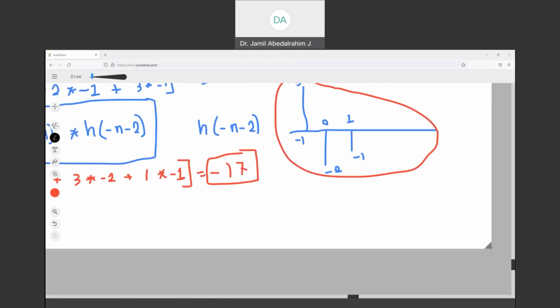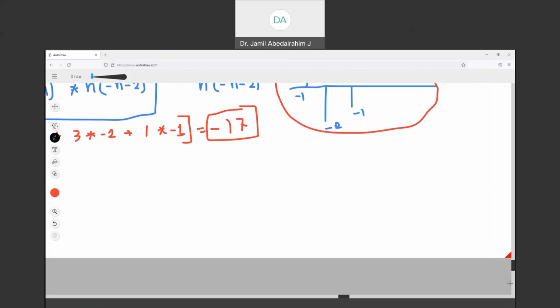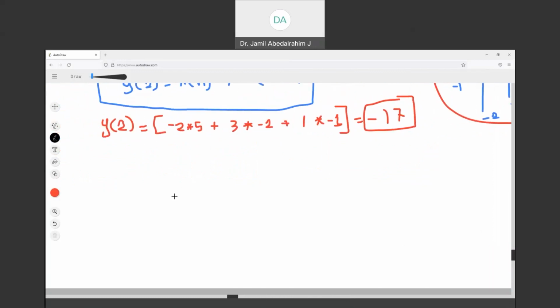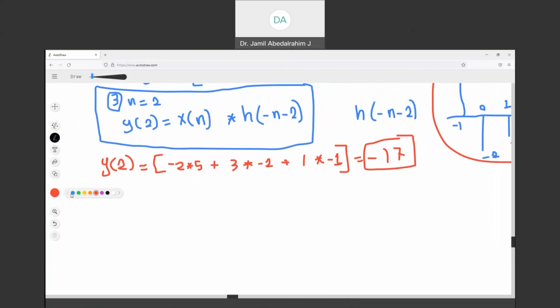Okay, so now we're going to the next step, when n equal 3.